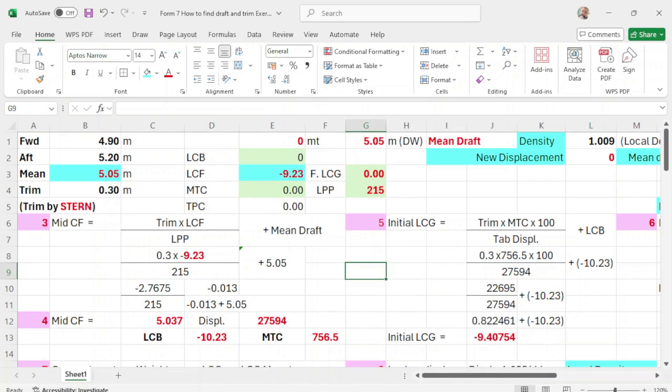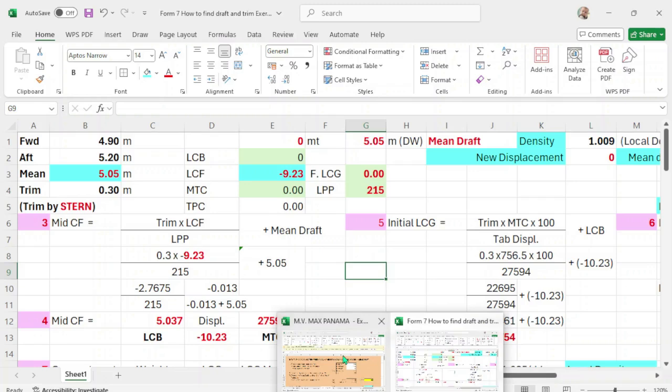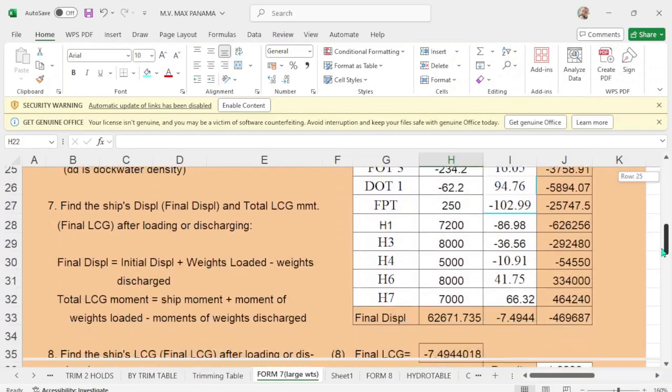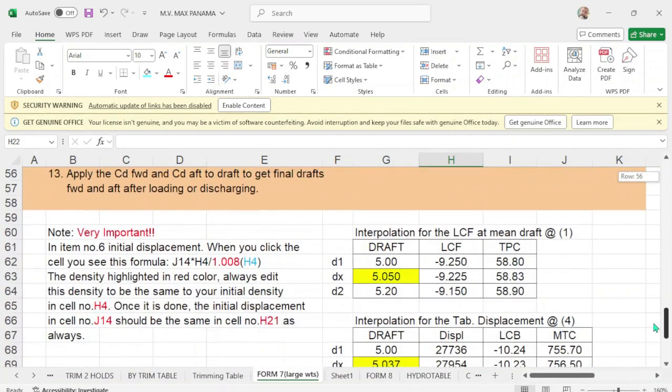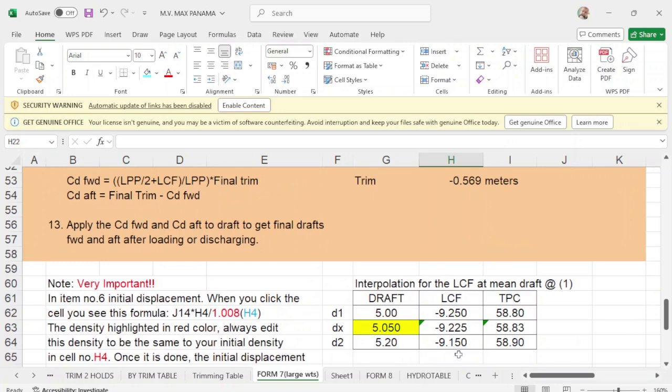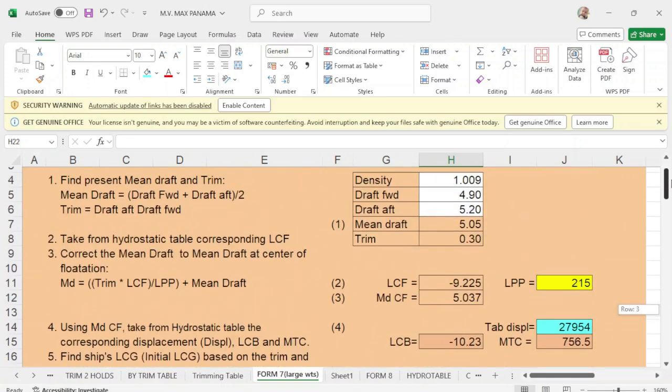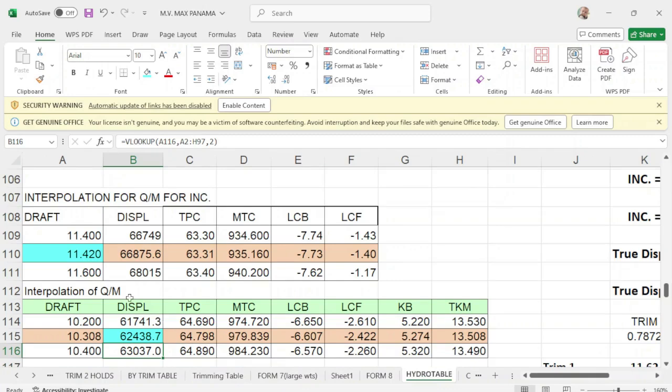You go to the hydrostatic table, or you can scroll down and look for 5.05, and the LCF is negative 9.225, which is this one.